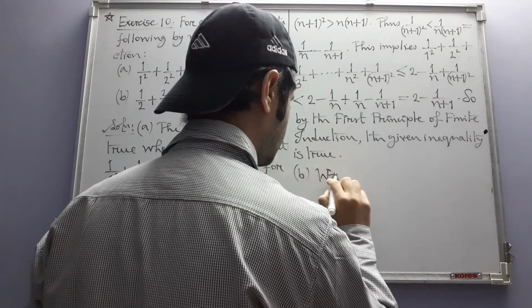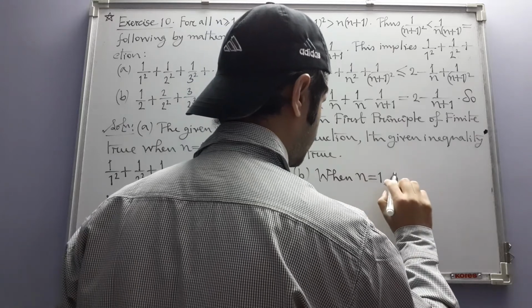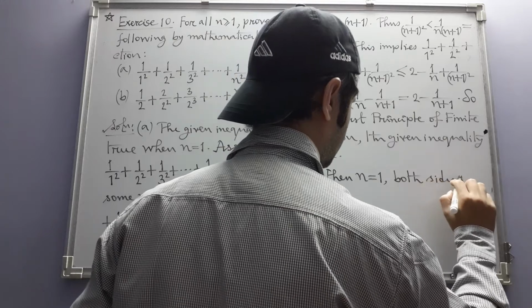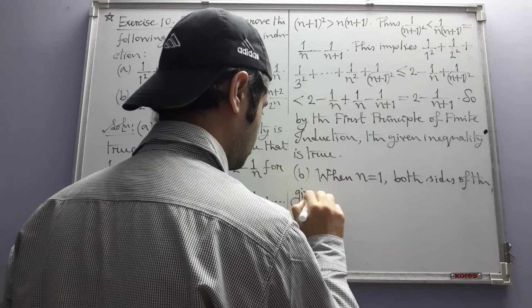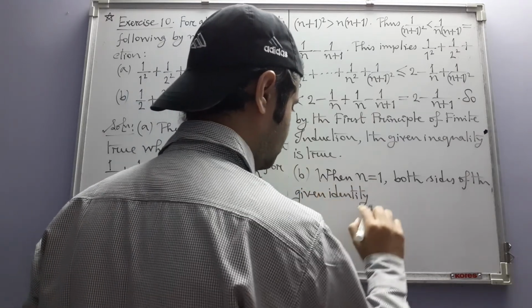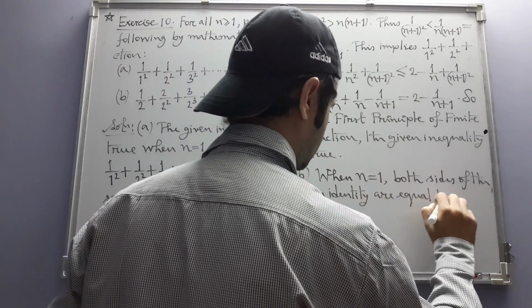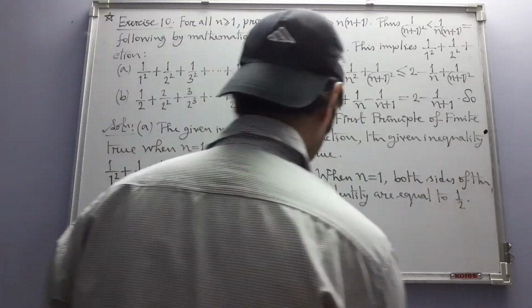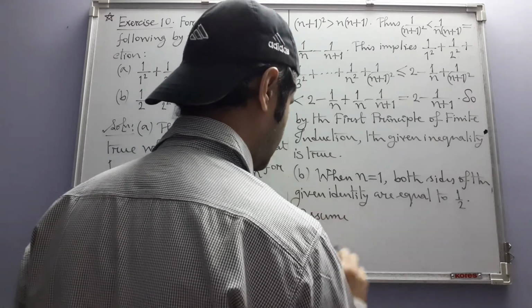When n is equal to 1, both sides of the given identity are equal to 1 over 2. So that means it's true when n is equal to 1.